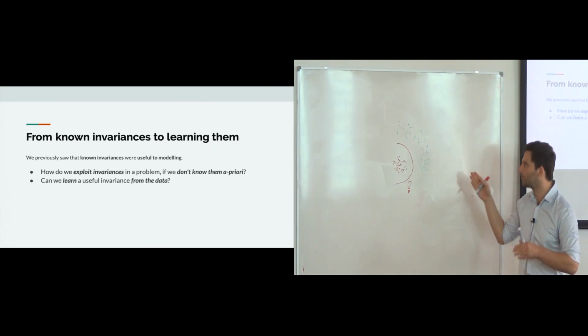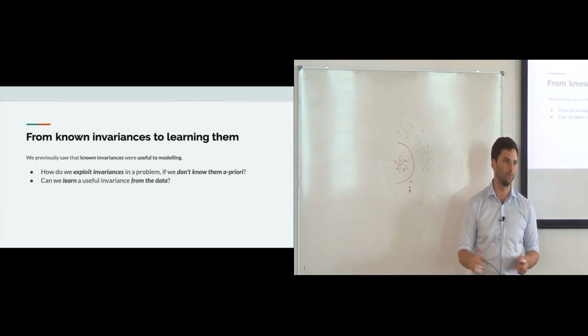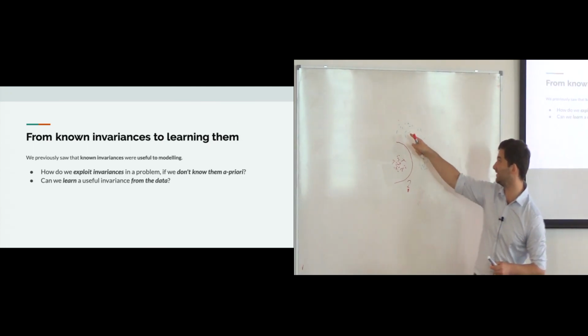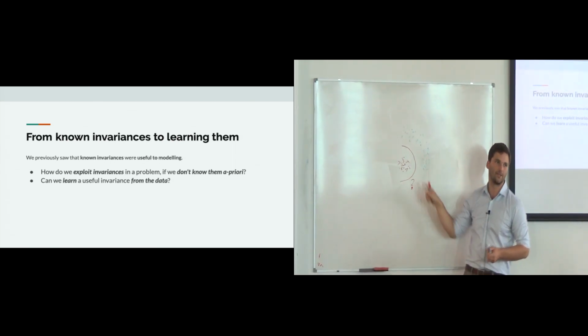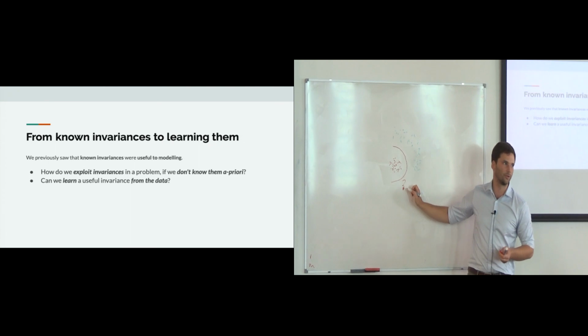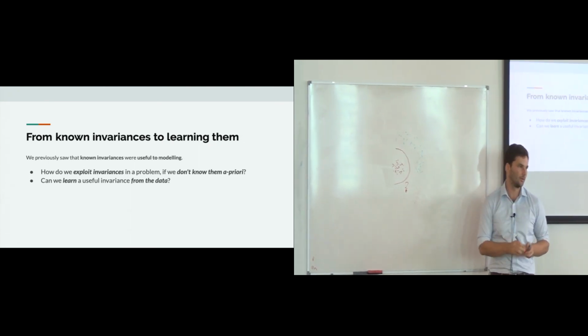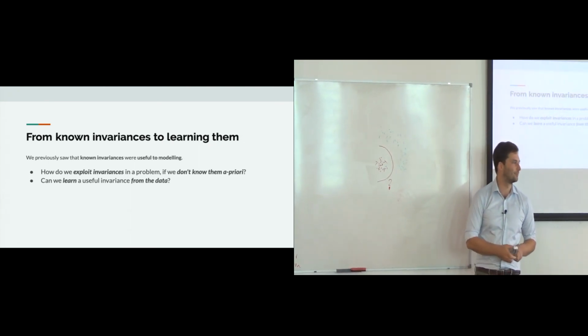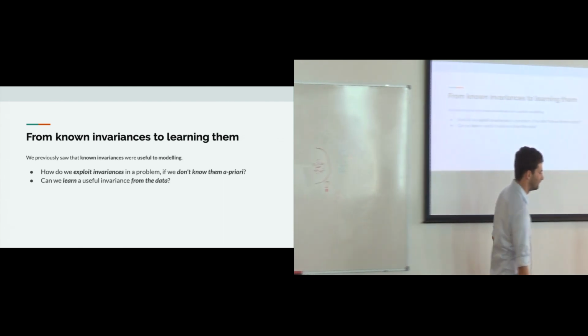So if we can figure out that there's a rotational invariance in this problem just from this data set, and there is quite a lot of evidence for that just by that semicircle there, then we would be able to predict much more strongly what's happening over here. So that's the aim of what we're trying to achieve.